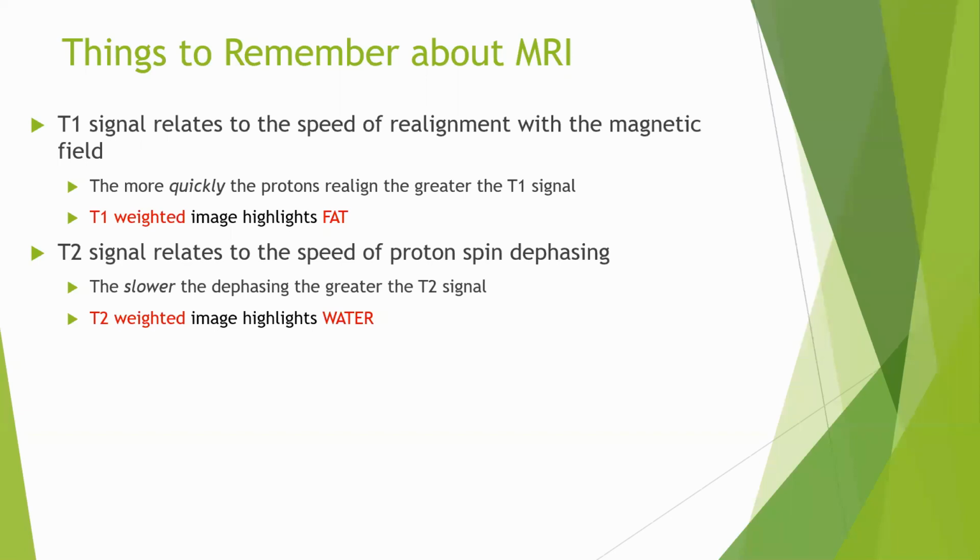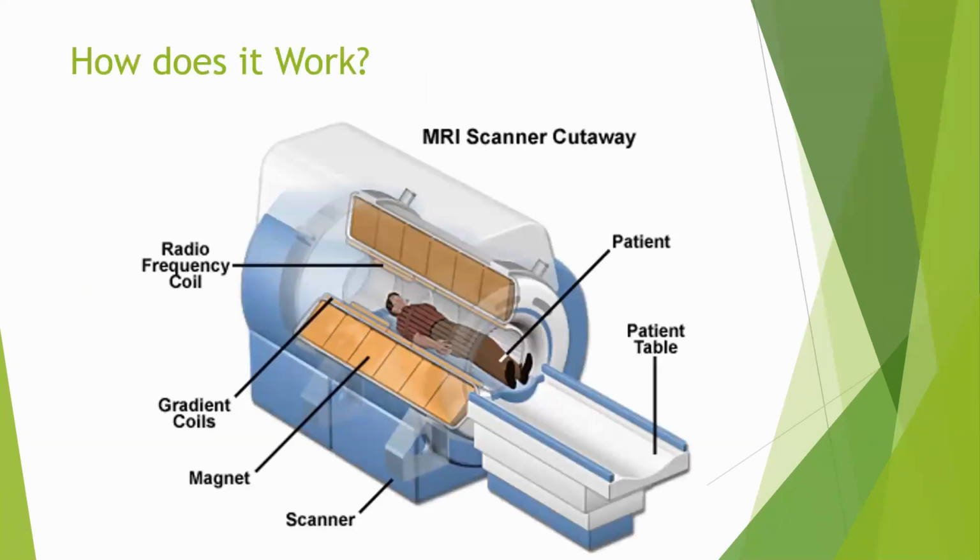So how does it work? Look at the beautiful picture over here. Here are essentially your scanners. Here is basically the magnet which pushes the hydrogen protons and maintains their alignment. The radio frequency coils are right across.